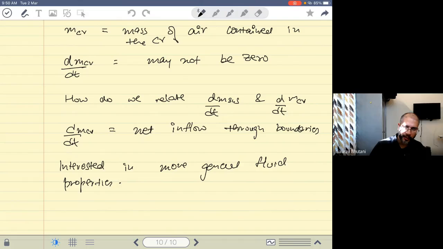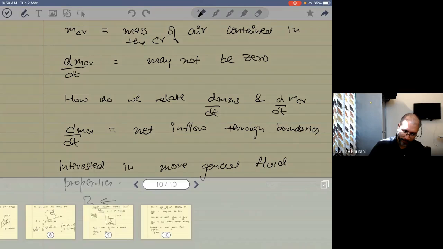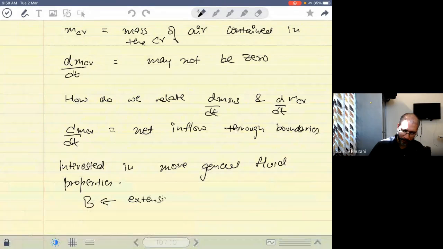So we'll denote the general property as B. Okay, so B is an extensive property. So I'm sure you understand what the meaning of extensive is. Extensive properties are properties which depend on the amount of the fluid.